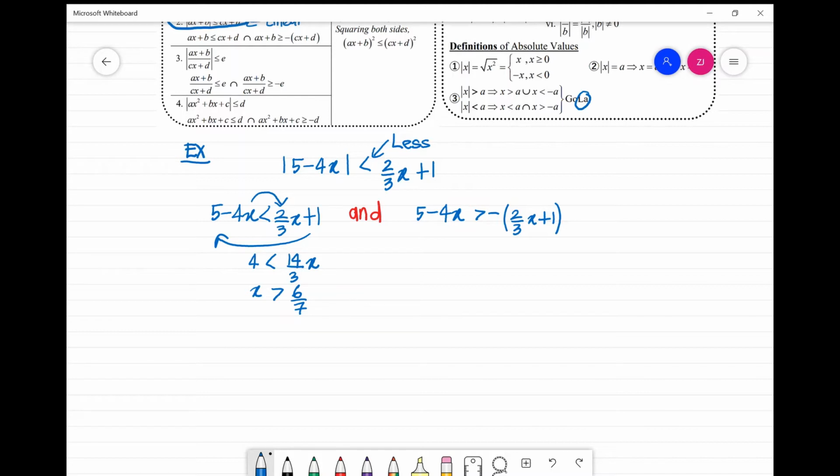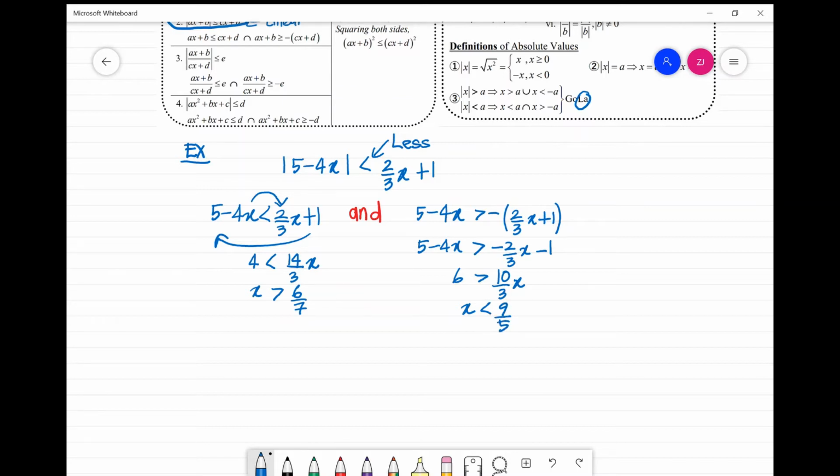First, we expand the bracket, so we have greater than negative 2 over 3x minus 1. Then we move the negative 4x to the right and negative 1 to the left, so we have 6 greater than negative 2 over 3x plus 4x, which gives us 10 over 3x. Again we cross multiply, multiplying 3 by 6 and dividing by 10, so we have 18 over 10, which means 9 over 5, so we will have x less than 9 over 5.